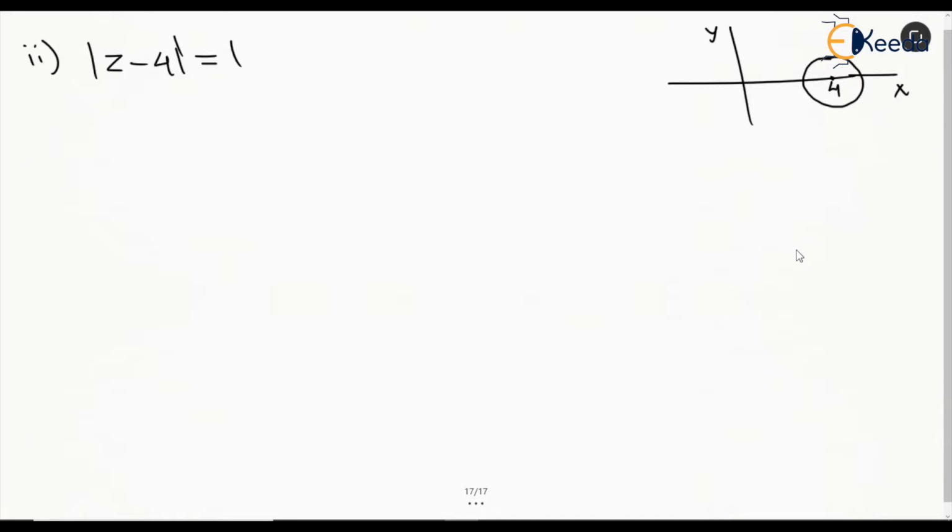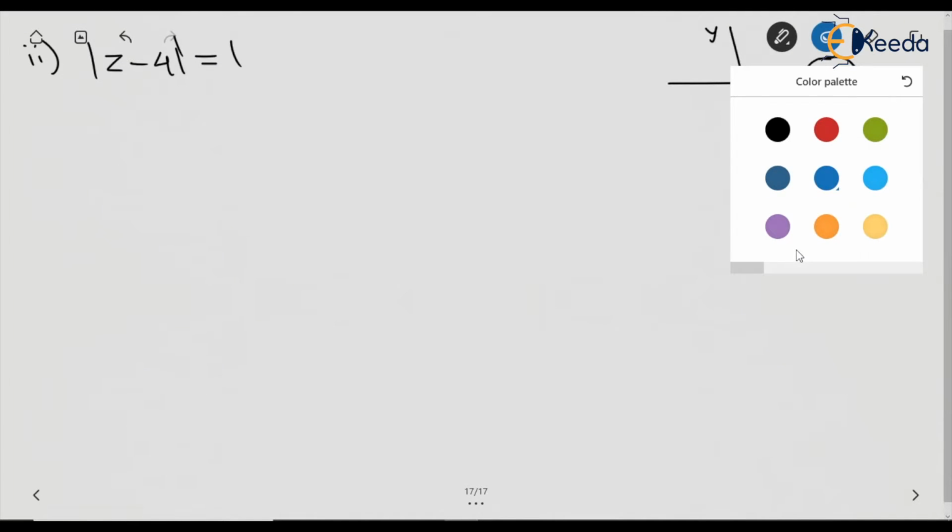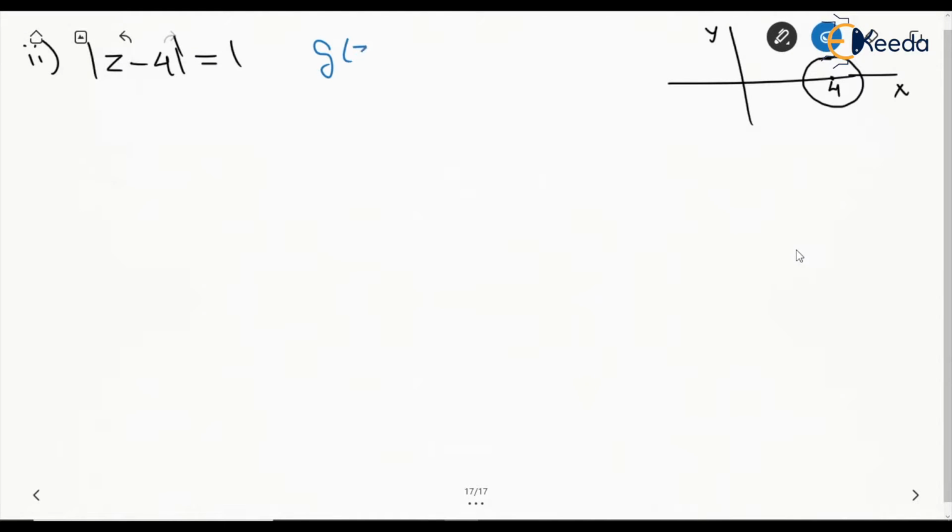So for our integration, let's take g of z equal to e to the power of z square divided by z minus 2, right?